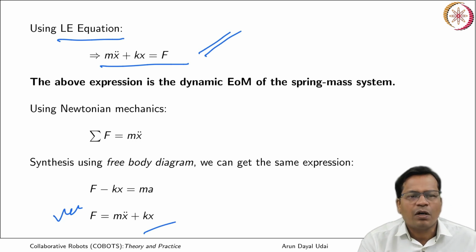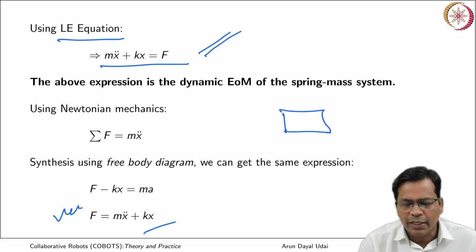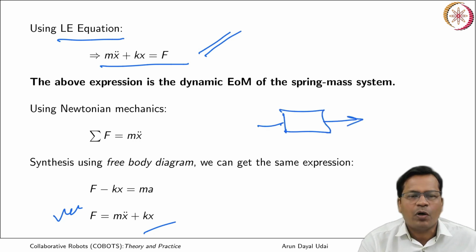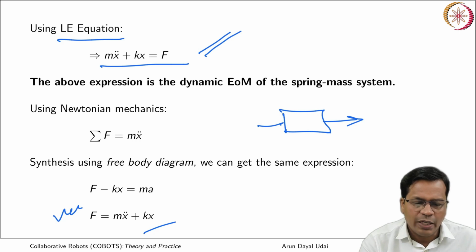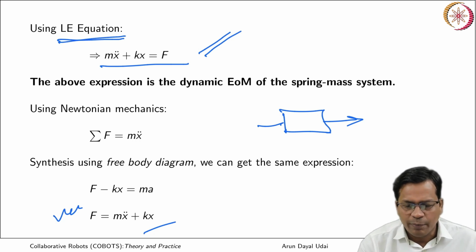What is the benefit of using the LE equation now? In this case you need to draw the free body diagram of all the connected bodies. But in case of the LE equation, that is the energy based method, it does not do that. You do not have to calculate the forces between two connecting bodies.